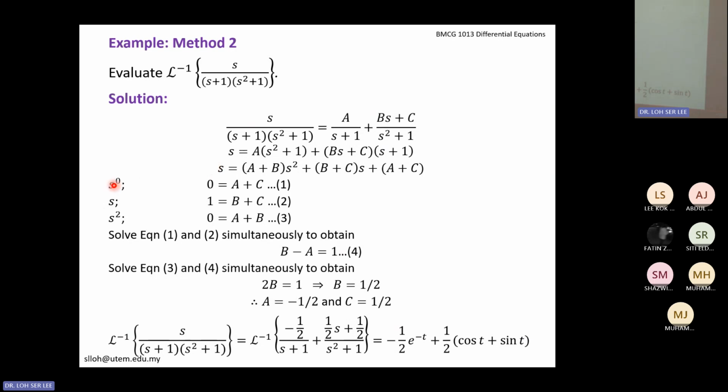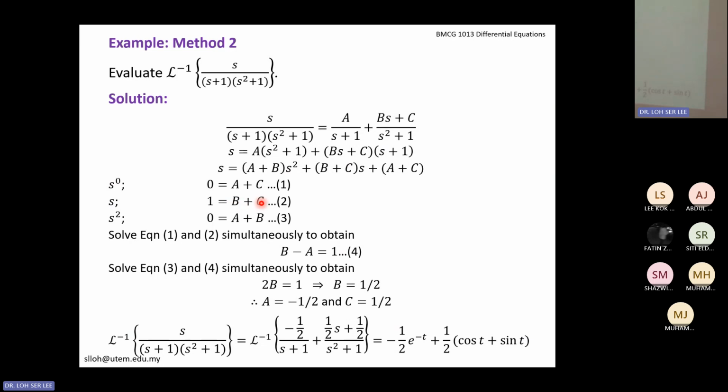First we compare for s to the power of 0, which means no s. No s on the left is 0, and on the right, no s is a plus c. For s to the power of 1, you have 1 on the left, and on the right you have b plus c.